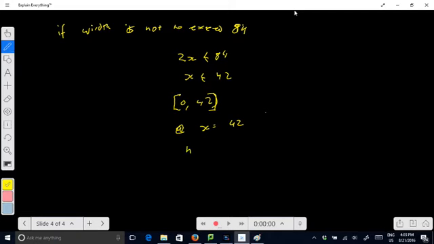If we work that out, we get h is about 60.